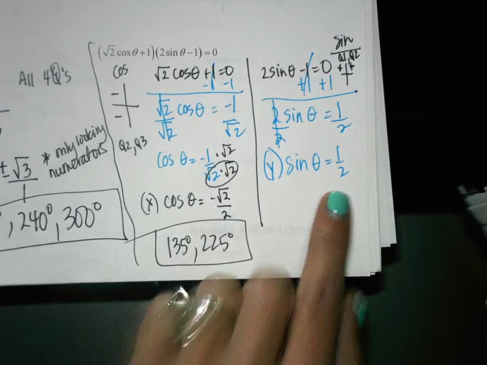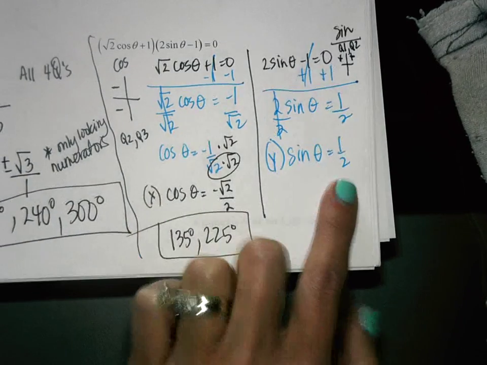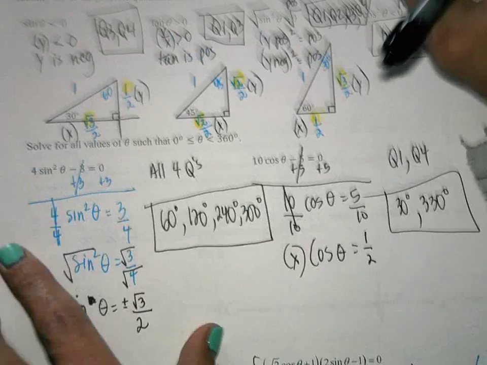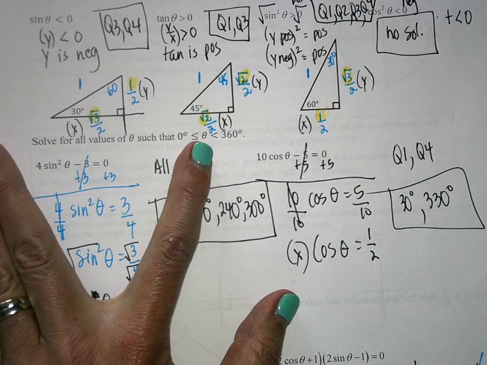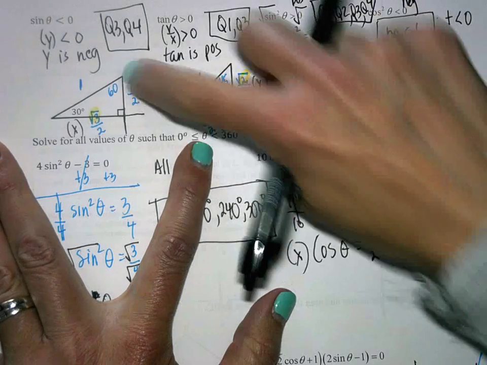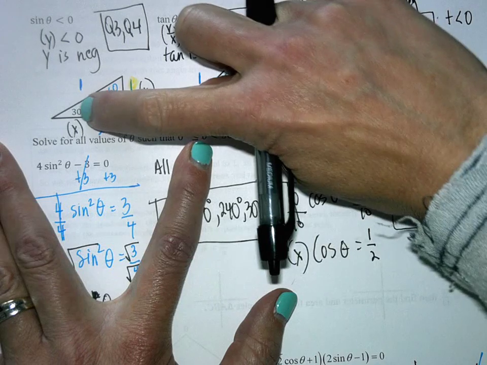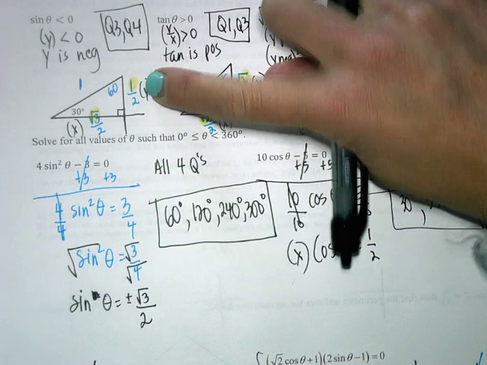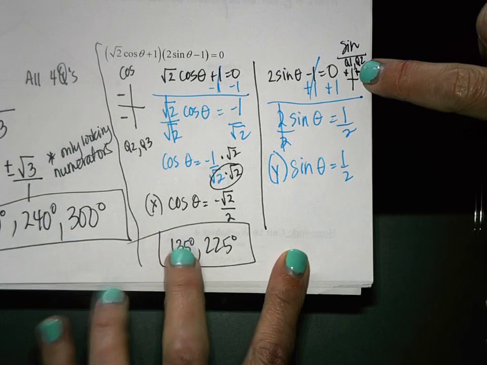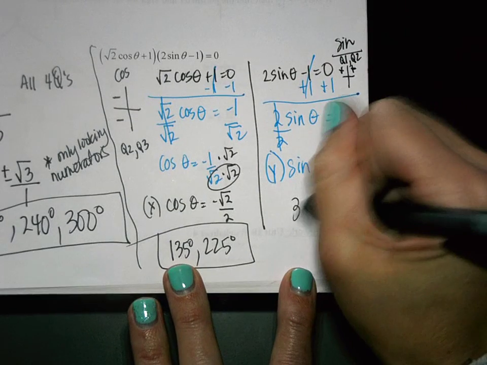Now, when is y 1/2? This is where our special right triangles come into play. Where is y 1/2? So if you look here, here is y. y is 1/2. That is the 30-degree angle. 30 degrees, y is 1/2. So we already have one of our answers then. Quadrant 1 here, 30 degrees is where sine is 1/2.